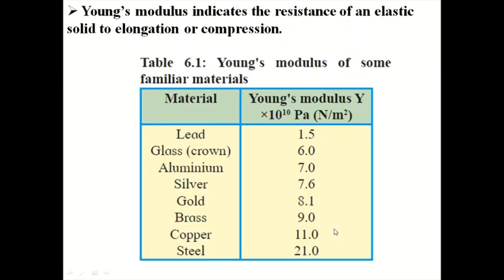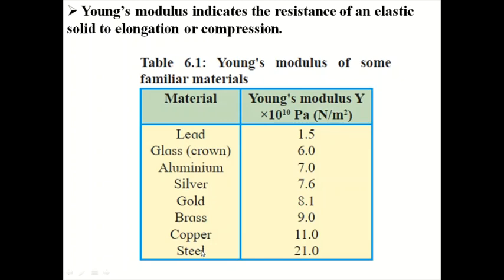After that, one important note: Young's modulus indicates the resistance of an elastic solid to elongation or compression. Here is a table of Young's modulus of some familiar materials, with some values given.